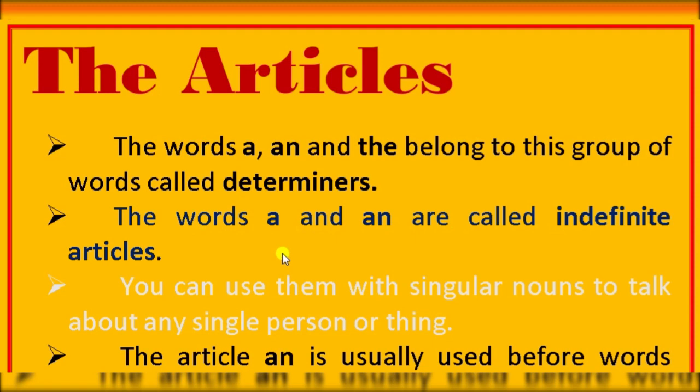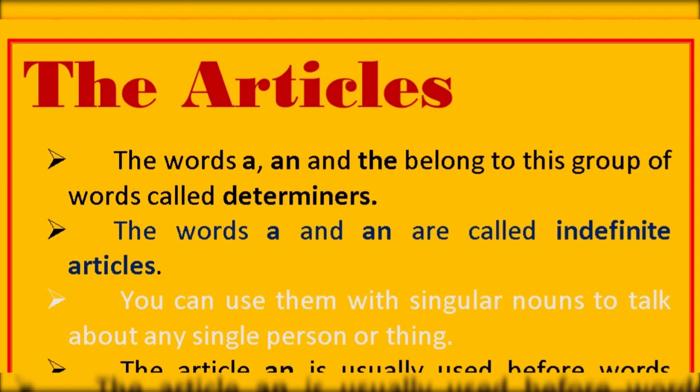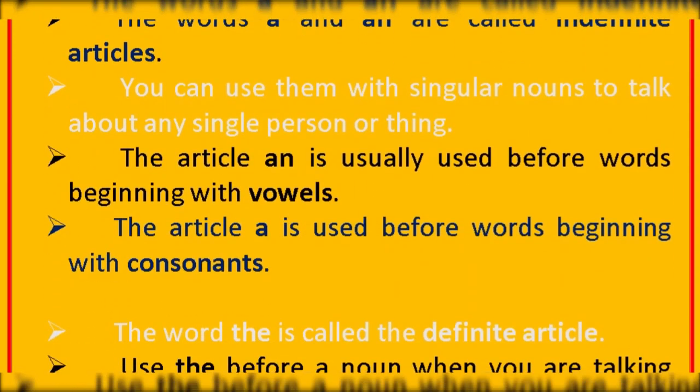Articles are of two kinds: definite article and indefinite article. The words a and an are called indefinite articles. You see the examples. You can use indefinite articles with singular nouns to talk about any single person or thing.